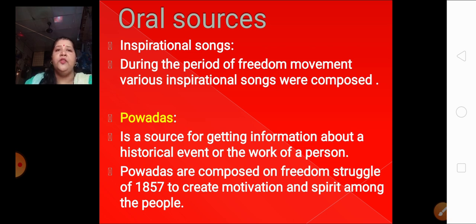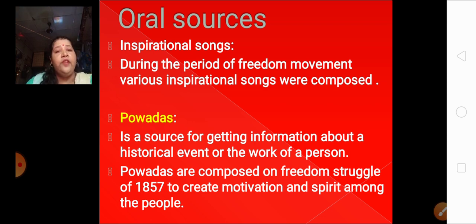Then even pavadas. A pavada is a source for getting information about a historical event or the work of a person. For example, you all must know Shivaji's pavada, which provides information about how he met Afzal Khan and what happened. All this full detail is there in the pavadas.